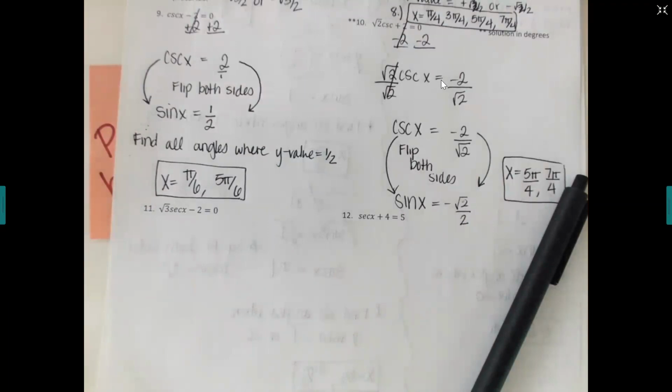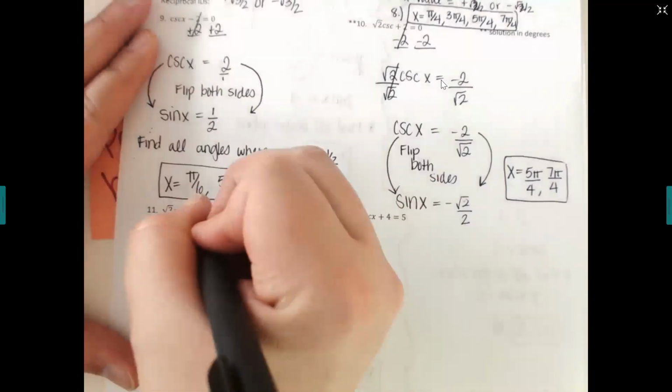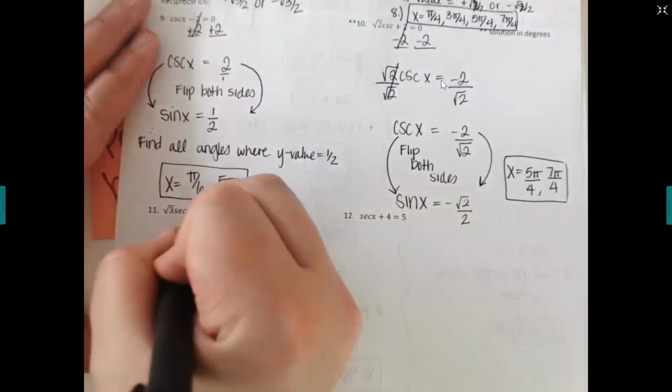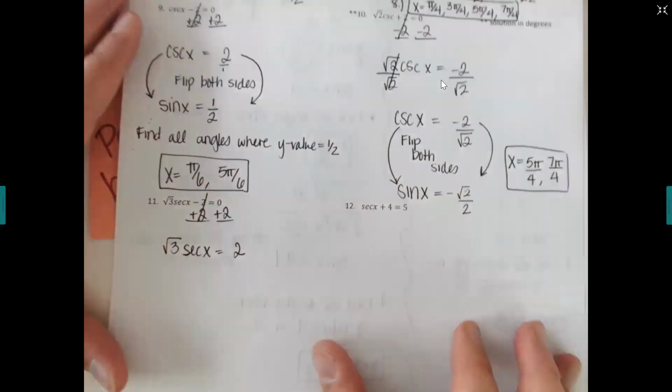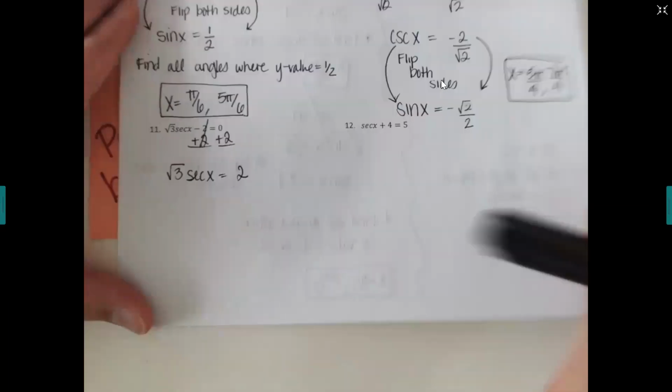Okay, can you tell me what your first step was for number 11? Okay, addition, we're gonna add the 2 across. So 0 plus 2 is 2. From there, what do you think next? Divide by root 3.